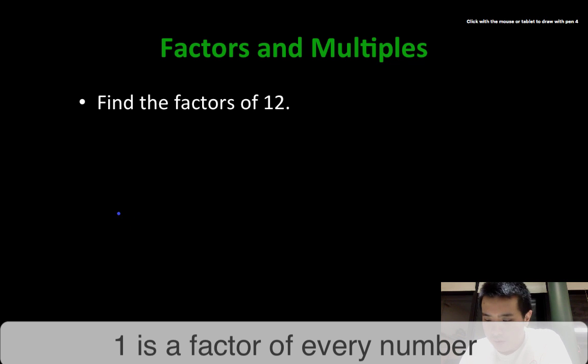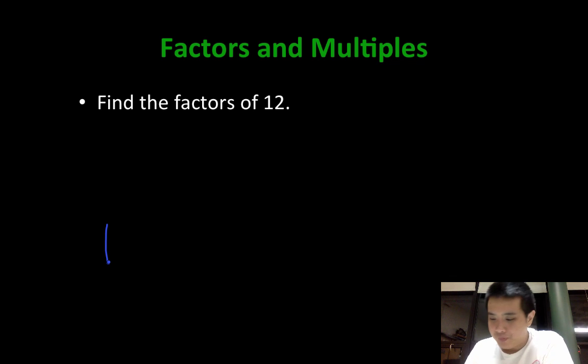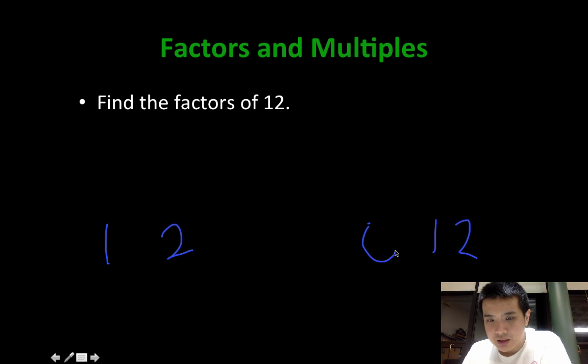So in order to use a factor rainbow, we start by writing down 1. 1 is going to be a factor of every number. And obviously 1 times 12 gets us 12. 12 is an even number, so that means that 2 times a number, which is 6, can also get us 12. And finally, 3 times 4.